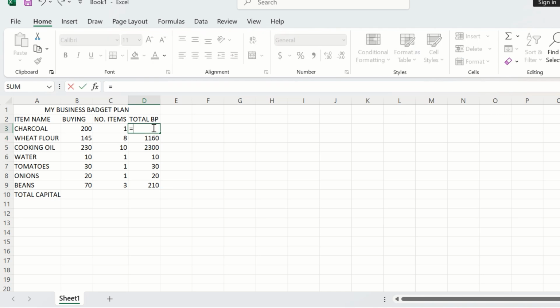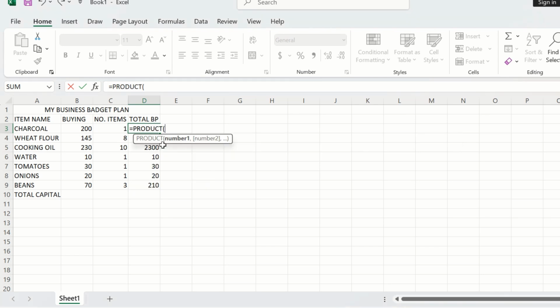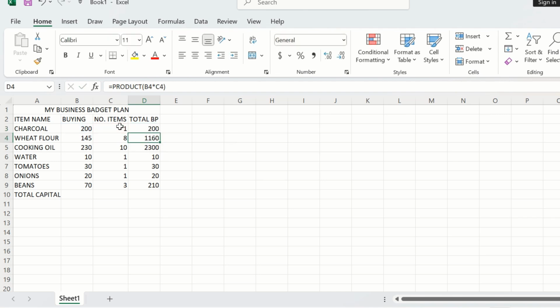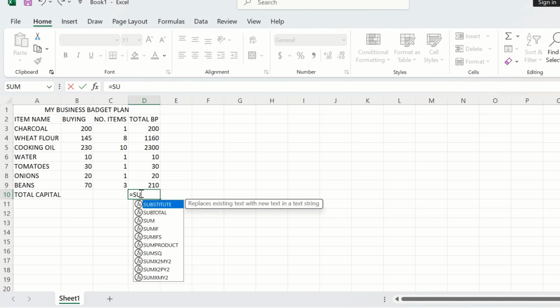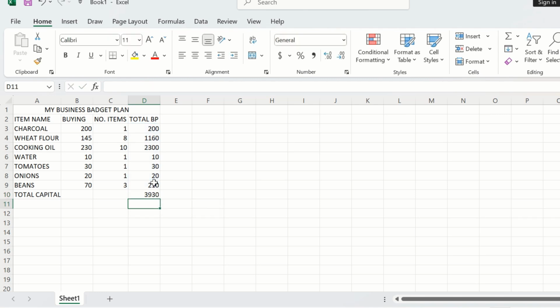So it is the product of this one multiplied by the number of items. So we can calculate the total capital by getting the sum of the above items. Right?